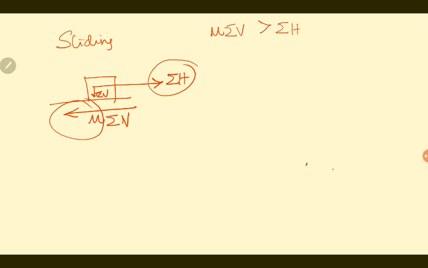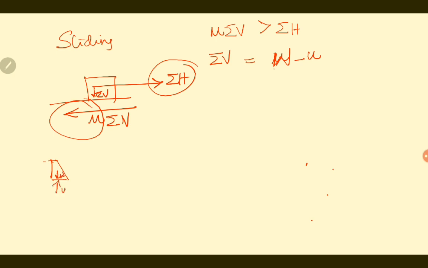Now, in this particular case, what is our sigma v? Our sigma v is equal to W minus U, isn't it? So here you have the dam structure, you have the weight acting downward, you have the uplift acting upward.